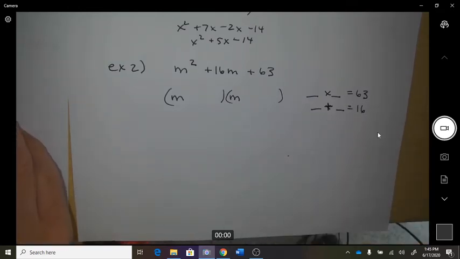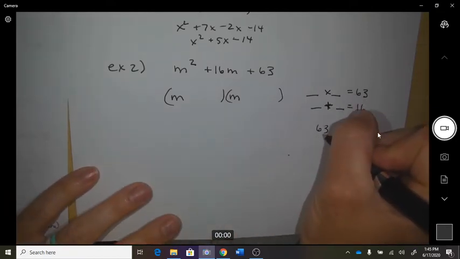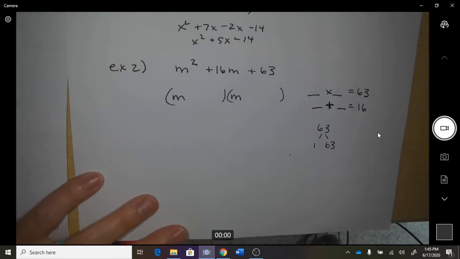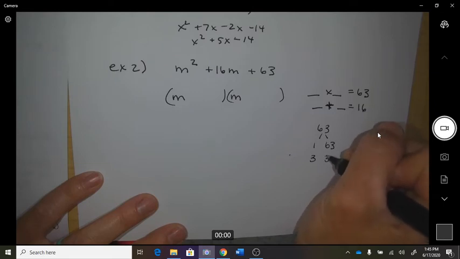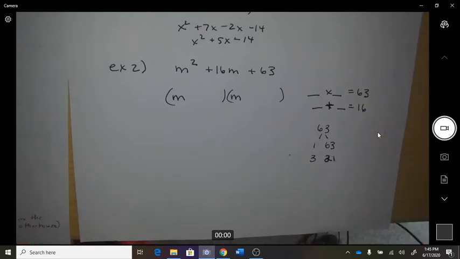So what are multiples of 63? 1 times 63, there's no way I can get 16 from that. 3 times 21, there's no way I can get 16 from that.